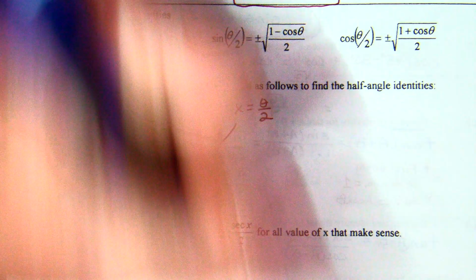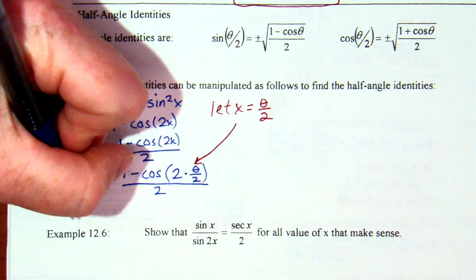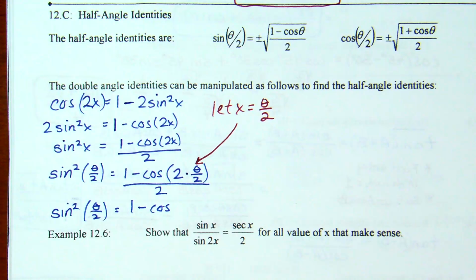You see some cleanup there? So I'm going to leave it as sine squared theta over 2 for right now. If you clean up the right, it's 1 minus cosine of what? What's 2 times theta over 2? Just theta, all over 2.